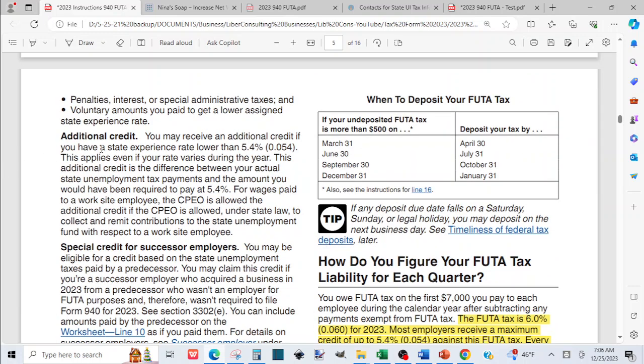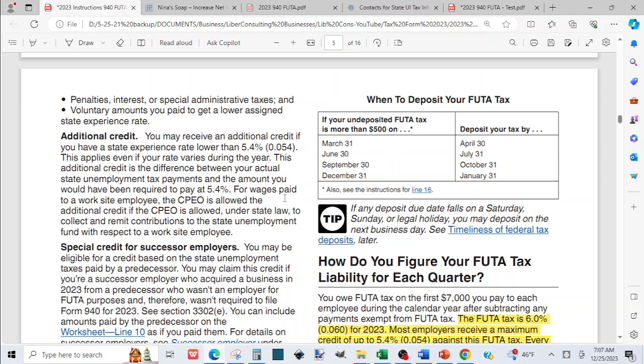So, additional credit: you may receive an additional credit if you have a state experience rate lower than 5.4%. This applies even if your rate varies during the year. This additional credit is the difference between your actual state unemployment tax payments and the amount you would have been required to pay at 5.4%.